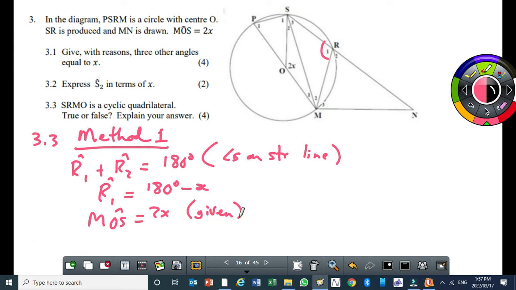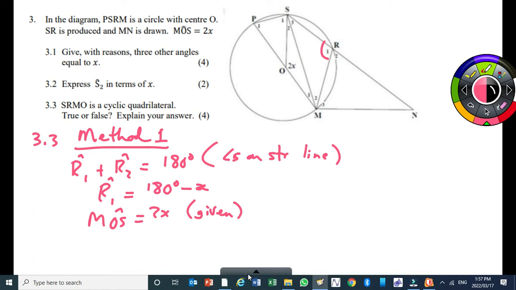So if we add R1 and 2x, we should get 180 if SRMO is a cyclic quad. So let's check that. We'll say 180 degrees minus x plus 2x.